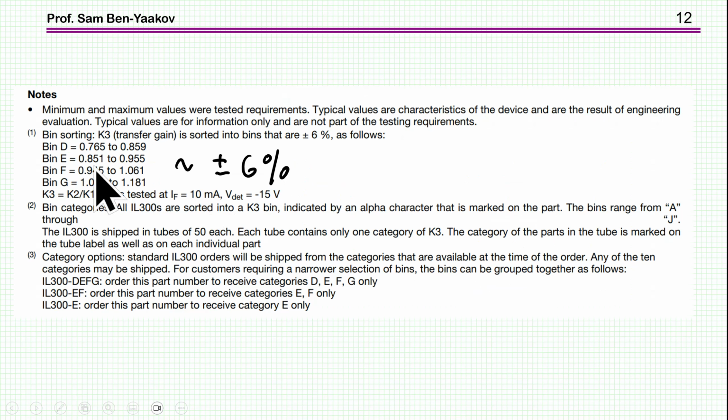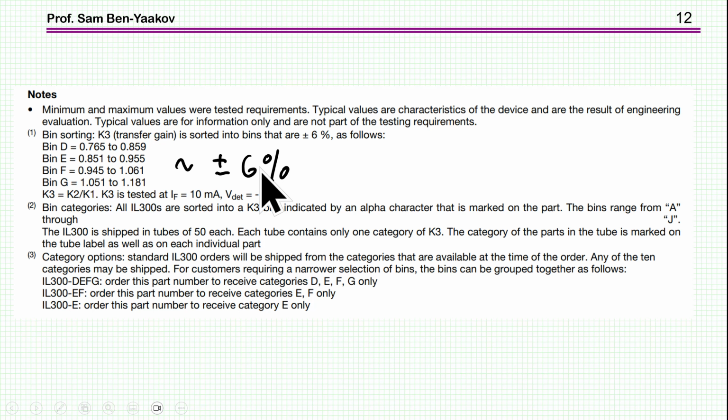So you get a K3 between, say, 0.765 and 0.859, or this range here. And it turns out that the spread here is something like 6%. So the best you can do in terms of building a linear isolated amplifier is to have an absolute accuracy of 6% between input and output.